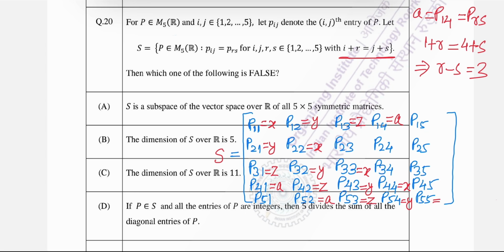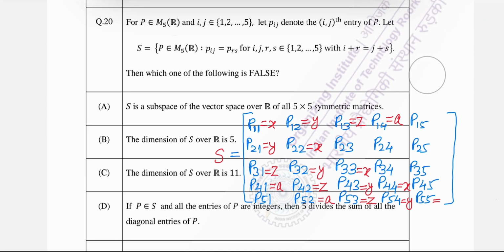Now the last one is this element. Suppose it is B. P15 is B, so B equals P15.